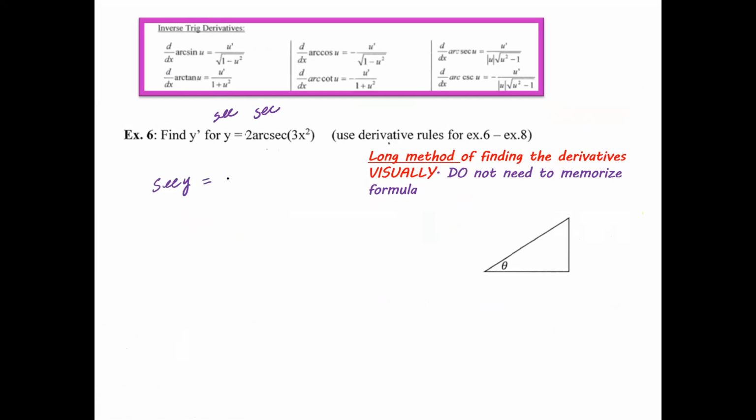Secant y equals 2 secant arcsecant 3x squared. That part cancels. Secant y equals 2 times 3x squared.